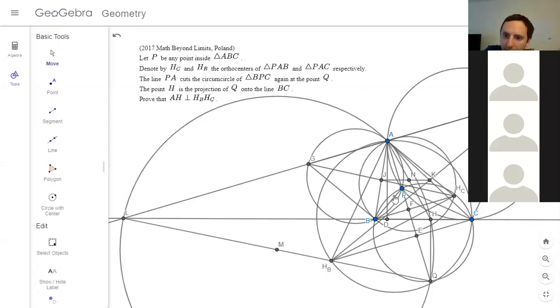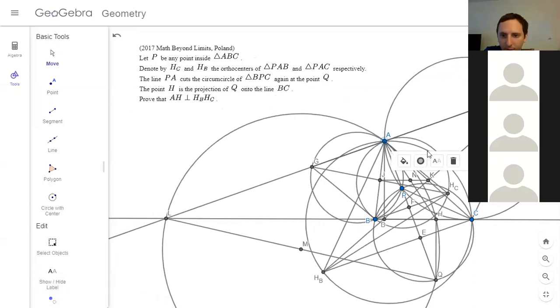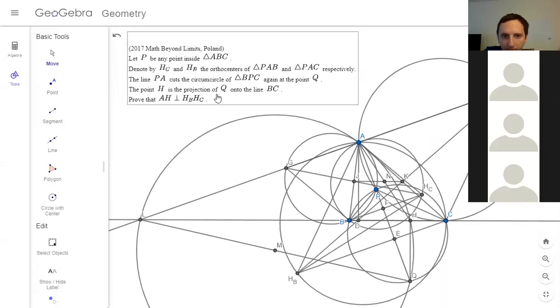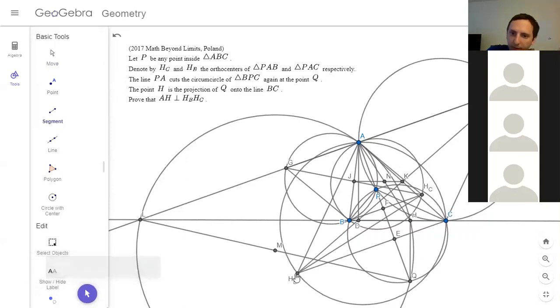Is there some kind of homothety? Because wait, I don't think HB necessarily lies on QL. So we want to show MN is parallel to HBHC.